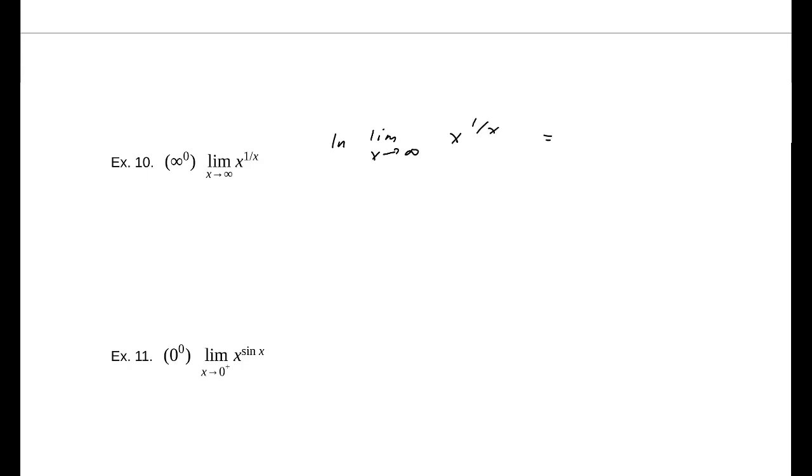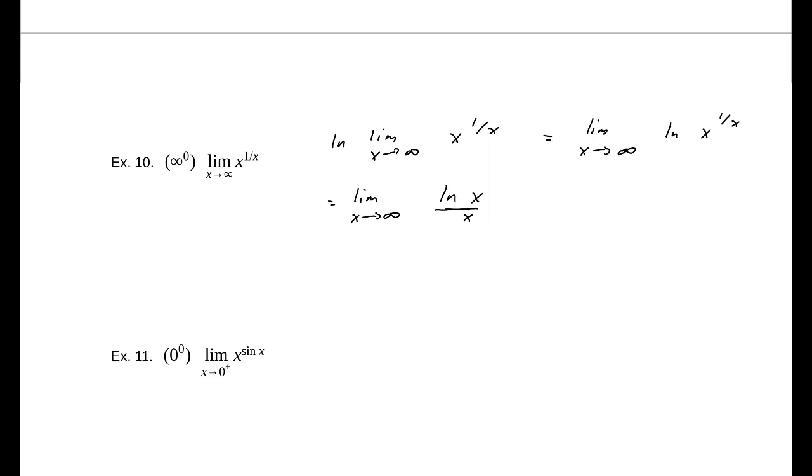That is the same as the limit as x approaches infinity of natural log of x to the 1 over x, which is then equivalent to, we're going to come back to our original question eventually, 1 over x times ln x. So I'm going to go ahead and write that as ln x over x.